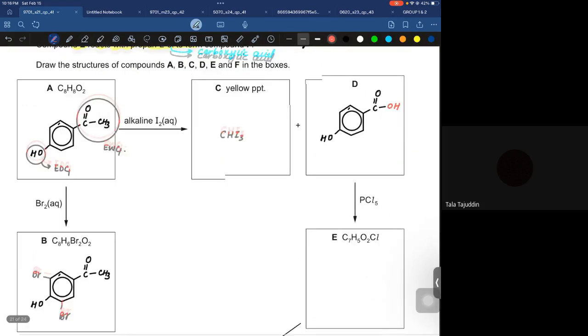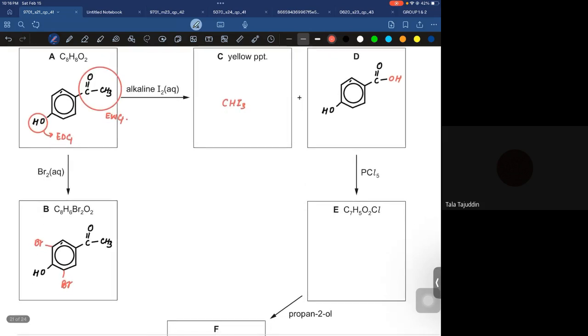And then it's going to react with PCl5. The thing is that PCl5 is going to replace this OH or this OH. So remember, this OH is very strongly bonded with the ring because this is an electron donating group. It's going to make a double covalent bond with this ring. So ultimately, you cannot break it down easily.